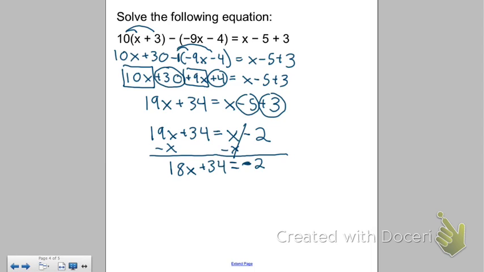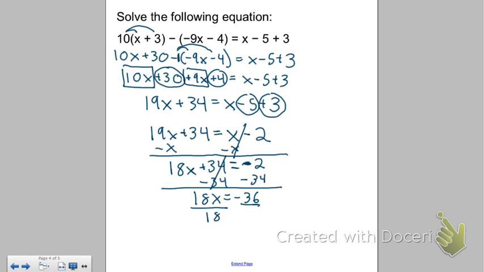Since I moved my variables to the left, I need to move everything else to the right. So I'm going to subtract 34 and subtract 34. When I do that, 18x comes down. 34 minus 34 cancels out, equals negative 2 minus 34 is negative 36.